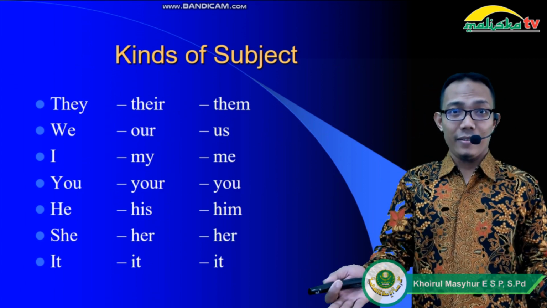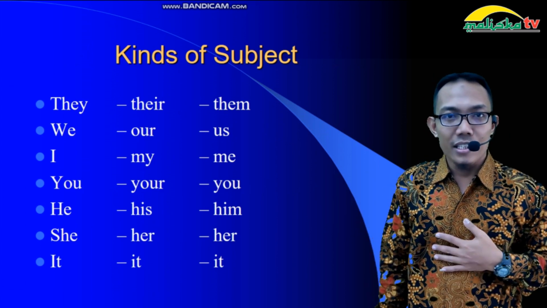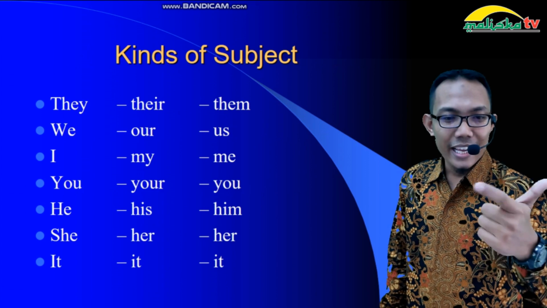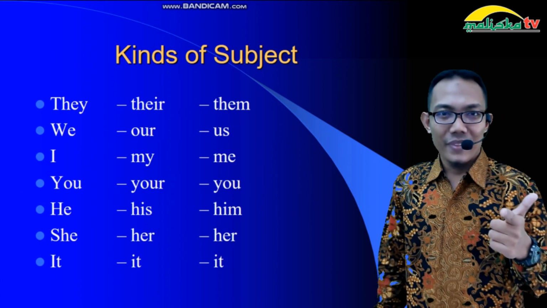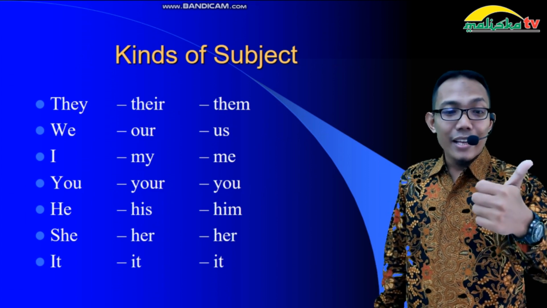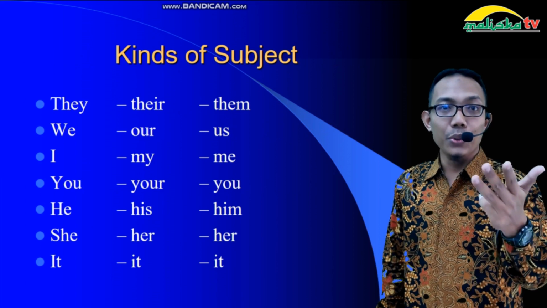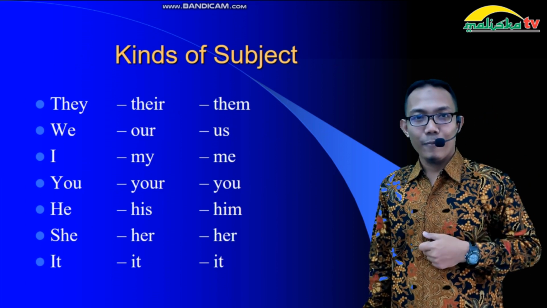Okay, and then now you have to know about the kind of subject. What is subject that we have used in this passive voice? Okay, subject is they, we, I, you, he, she, it.